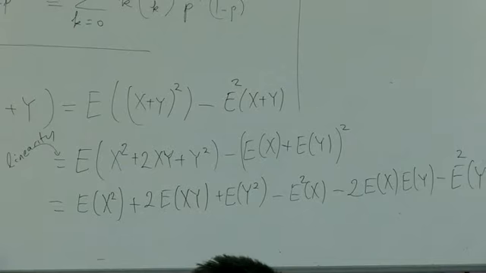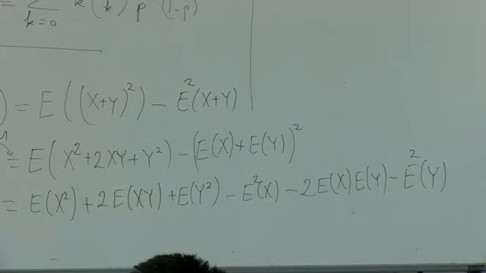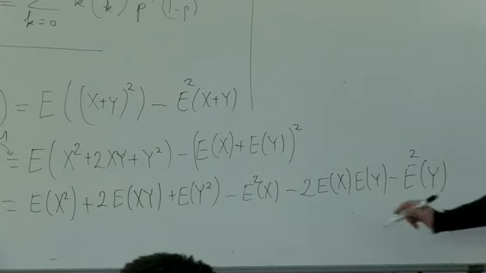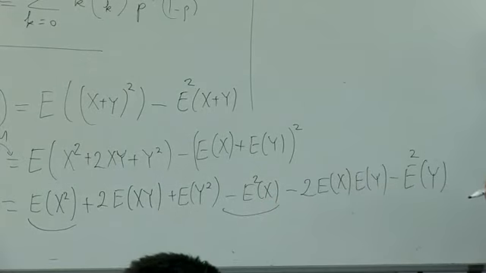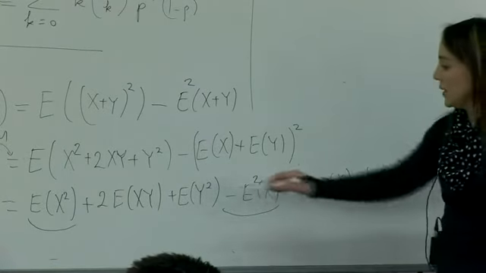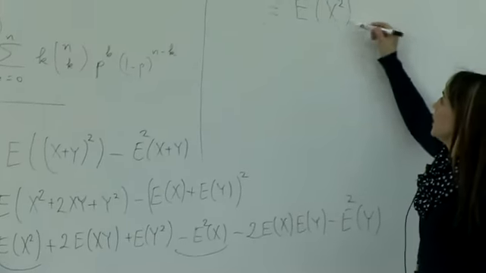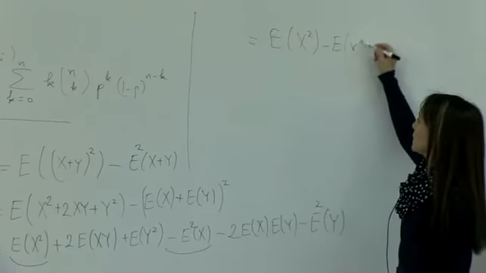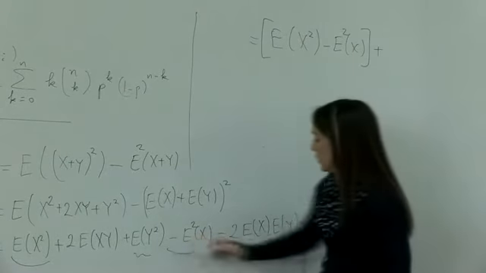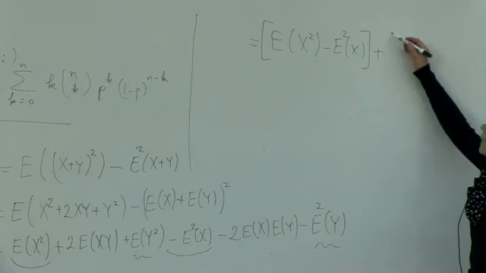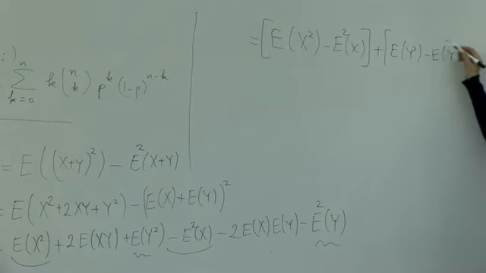Now what do you suggest that we do? Maybe combine these two terms. Let's combine these two terms and say expected value of X squared minus expected value of X squared, plus, and combine this term with this term, expected value of Y squared minus expected value of Y squared.